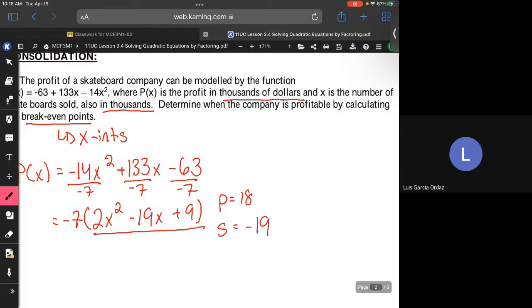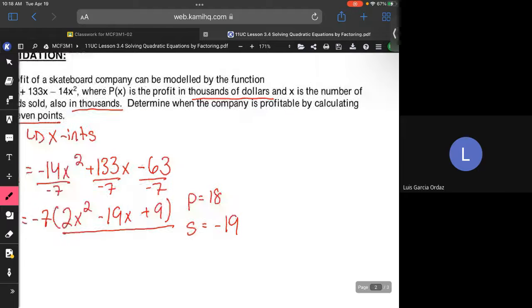So what are two numbers that multiply to 18 but add up to -19? Yeah, -18 and -1. So -18 times -1 is equal to +18. -18 plus -1 is equal to -19. Perfect. We got that set up.